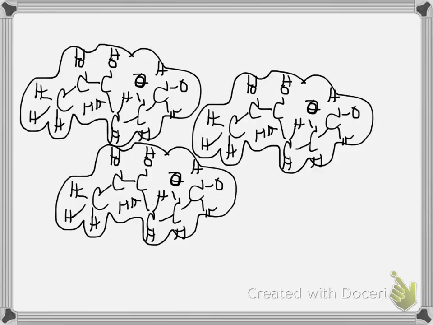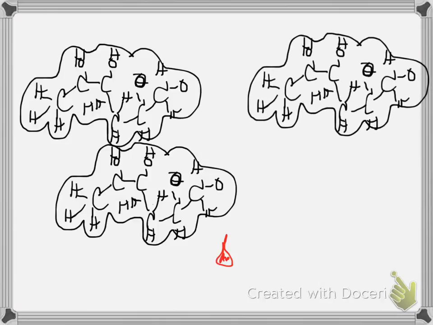But if we take some energy, say heat them with a little candle flame, we can get these to move apart. And if they move apart and they start to slide past one another, what have we done with it? We've melted it. Yeah.